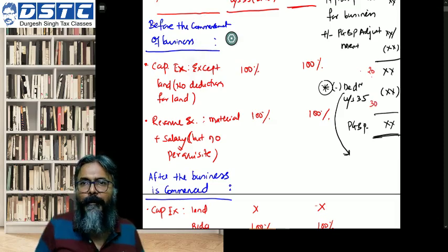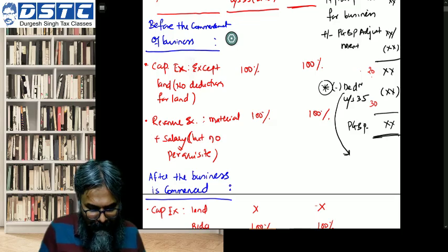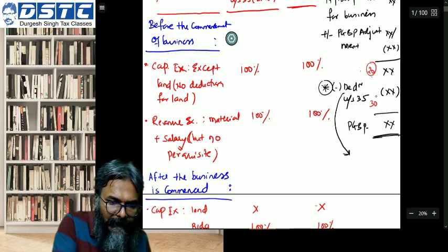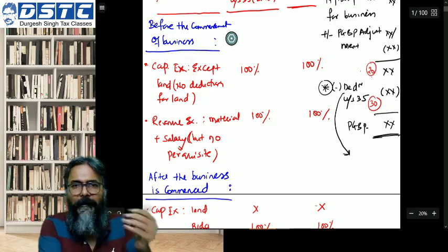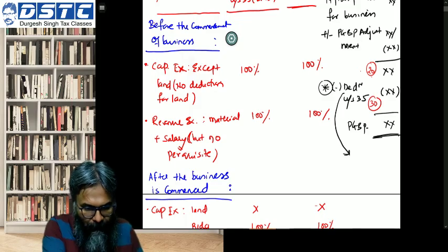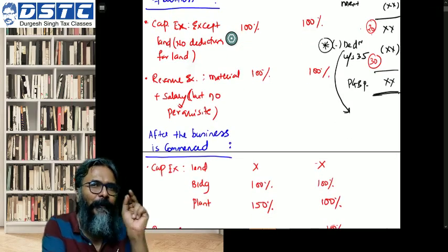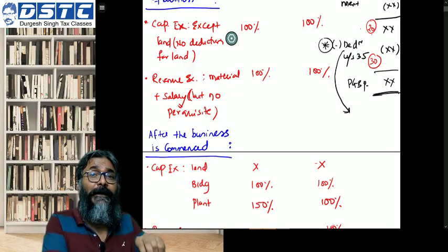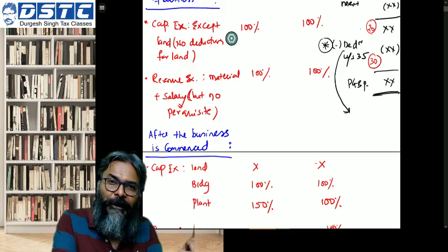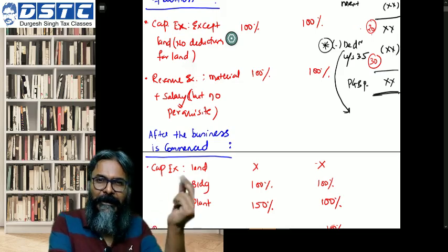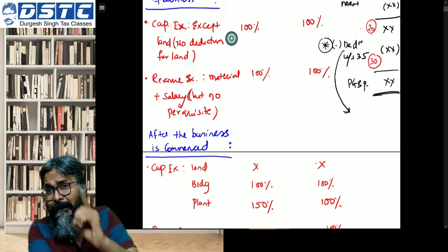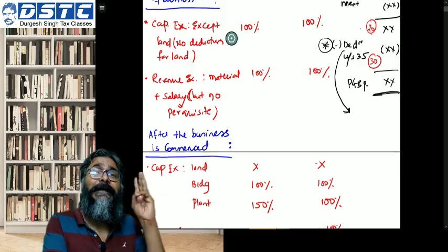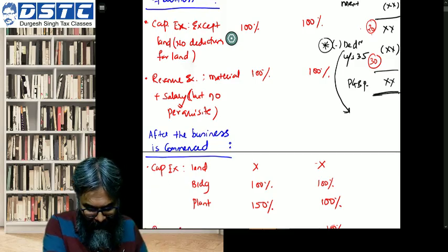So there is an unabsorbed portion of 10. So what is the treatment of the unabsorbed portion of the deduction of the capital expenditure under section 35?